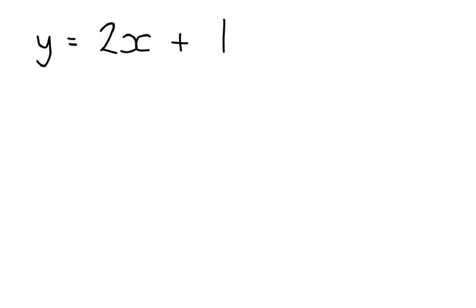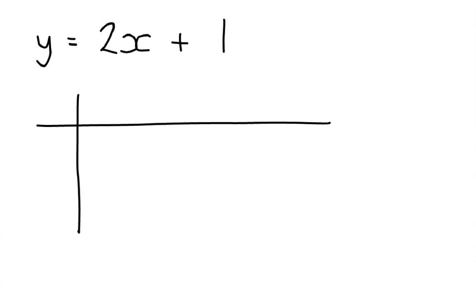So the first thing you need to do when you get this type of question is to draw yourself a little grid. That's what I'm going to do. To start, I'm going to put x up at the top left here. As I said, it doesn't matter what value you use for x, it will just generate different coordinates on that line.